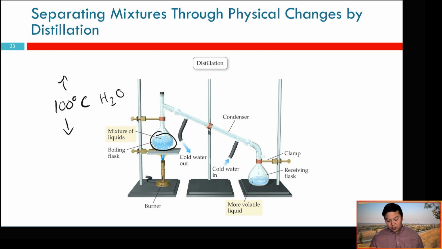As you boil this mixture, whether there's water in there or not, the stuff that's lower will boil first, then maybe you'll get your water, and then later you'll get off the other stuff that boils at higher temperatures. Then you just swap this flask out at each point to get your different compounds out.